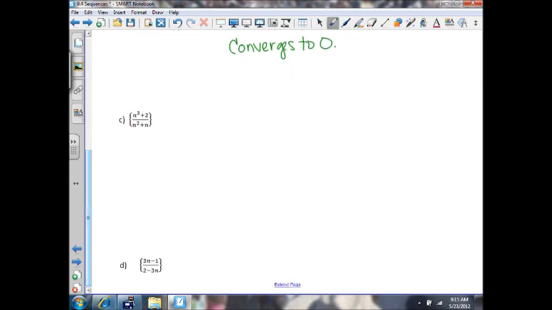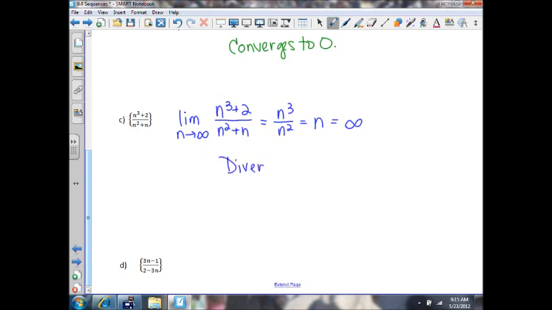If we look at C, what we're going to have, it'll be n cubed over n squared, which will simply be n. The limit as n approaches infinity will be infinity, so this diverges.